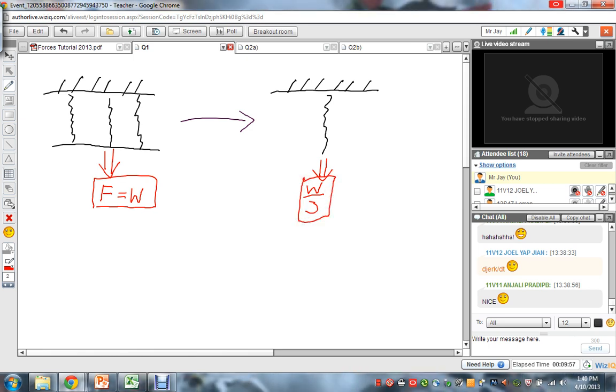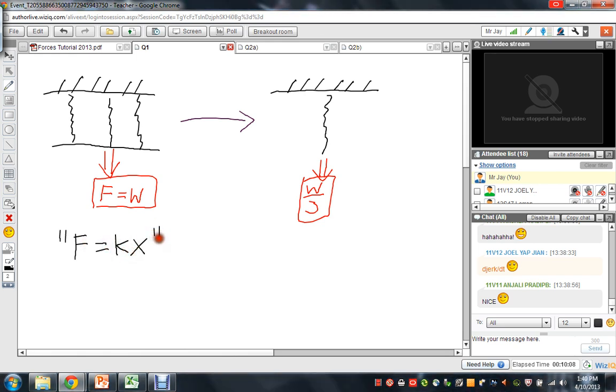So applying our Hooke's law, F equals Kx. When this system is experiencing a force of W, each spring's extension is x.